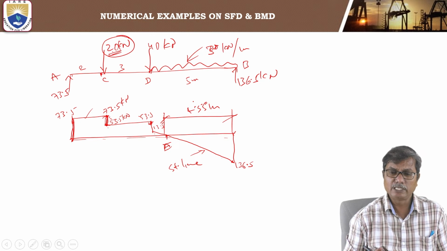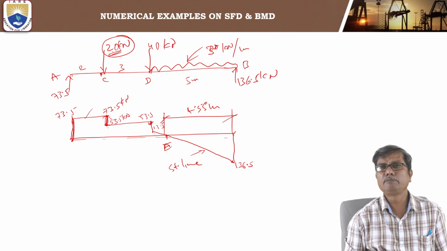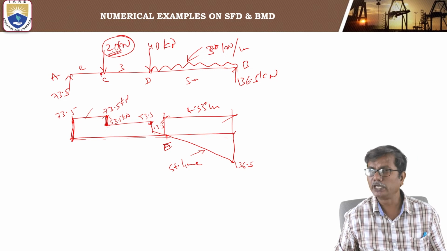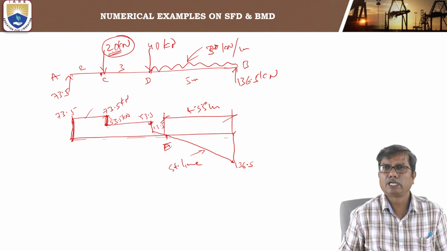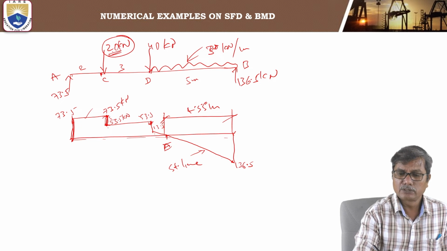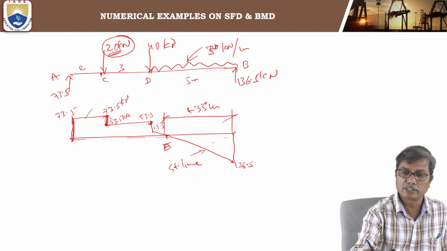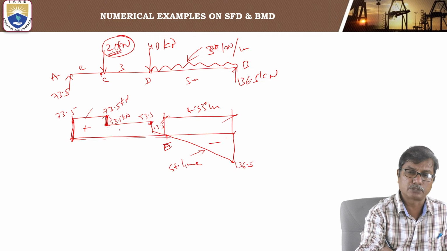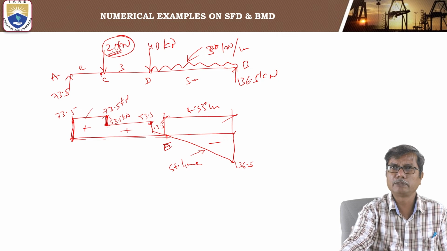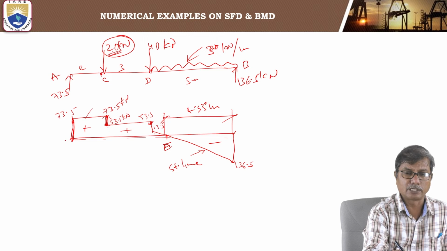At that point E, the bending moment will be maximum. This is negative and this is positive. The negative values we take below the baseline, and positive values above the baseline. This is the baseline.